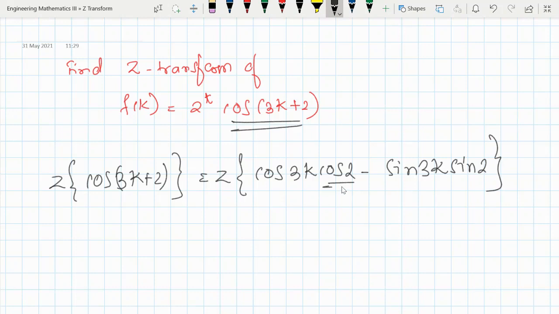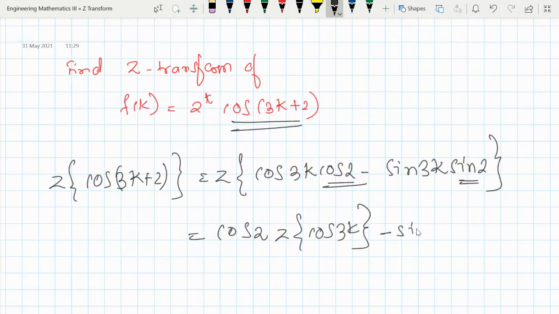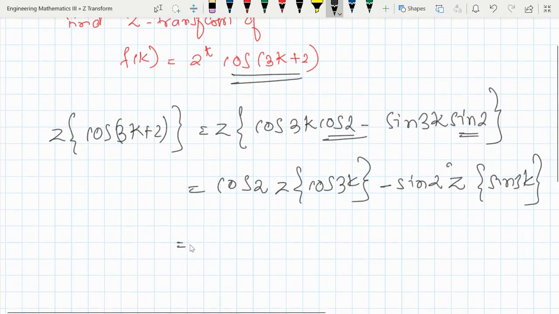As we know, cos 2 and sine 2 are constants. Use the linearity property. Cos of 2 into z transform of cos of 3k, isn't it? Minus sine of 2, constant outside, z transform of sine of 3k. Linearity property, and use the results. What is the z transform of cos of ak?